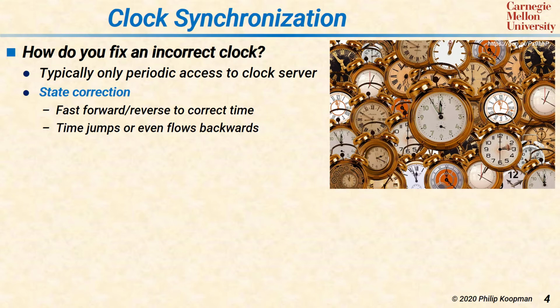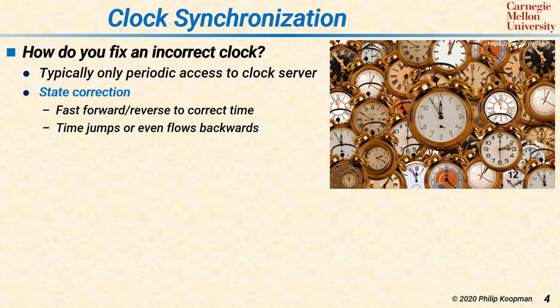If the system is in standby mode, maybe that's okay, but if there's some sort of control loop or real-time operation or date-stamped records going on, that state correction can be a problem, especially if you go backwards and you have duplication of the same date timestamp at different actual times during execution.